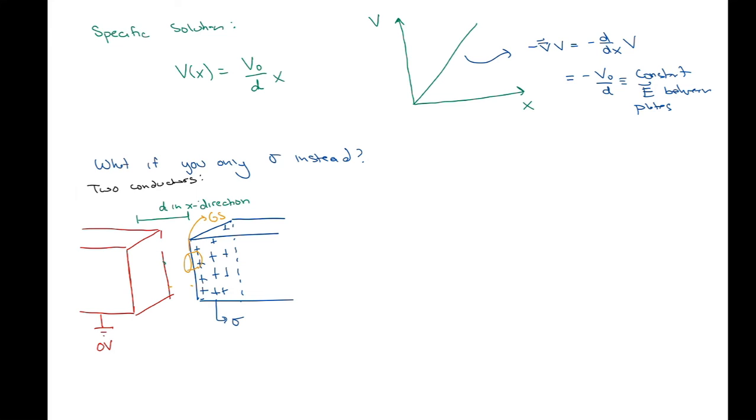And if I think about this surface, again, if I draw that electric field, it is still going to be pointing perpendicular to my right face here. So it's going to be pointing to the left, and it's still going to be constant in between these two capacitor plates. Inside of this conductor, I still know that the electric field has to be equal to 0.